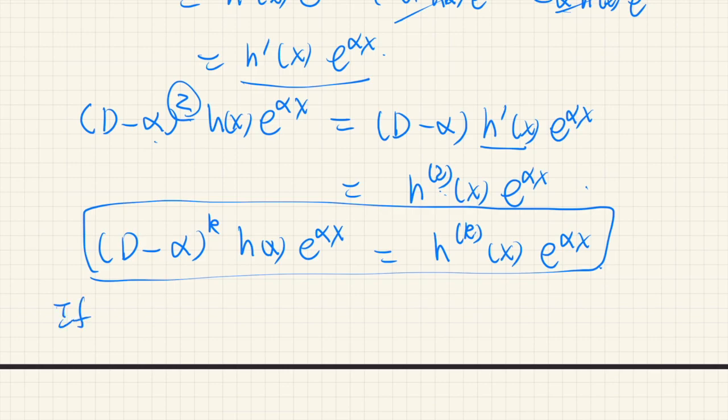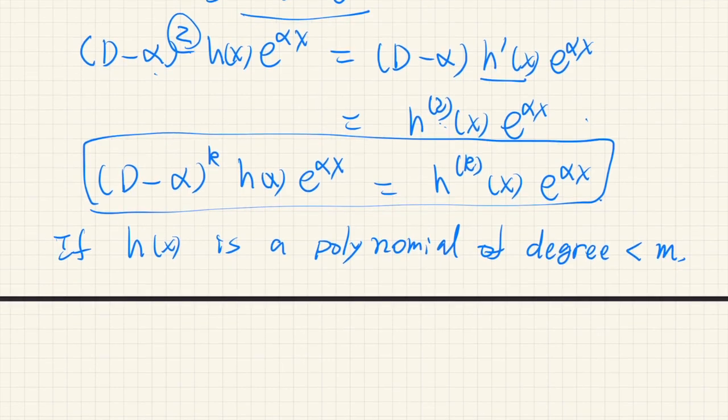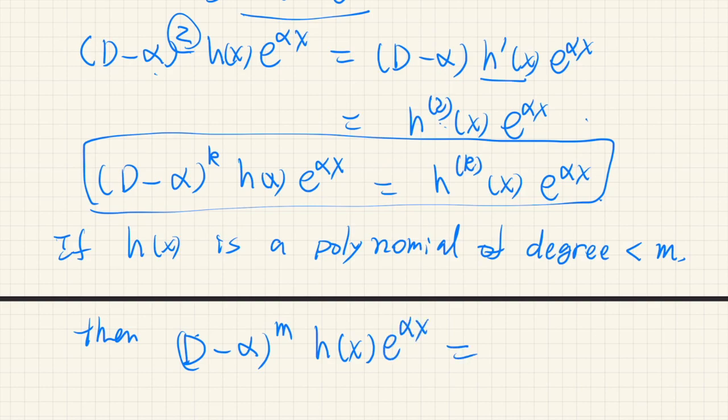Okay, but if h is a polynomial function of degree less than m, then we have (D minus alpha) to the power of m applied to h(x) e^(alpha x) equal to 0, because the degree is less than m.